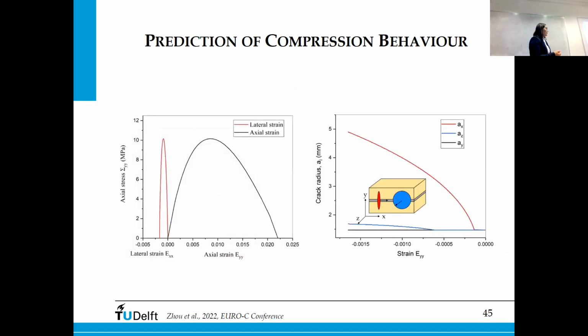If we simulate the behavior in compression, again, we found a typical stress-strain curve. Here we also see that the first crack families that start to propagate are vertical cracks in the plane, these right cracks, and then right after, cracks start to also occur in the thickness, which is also what we usually see in masonry.